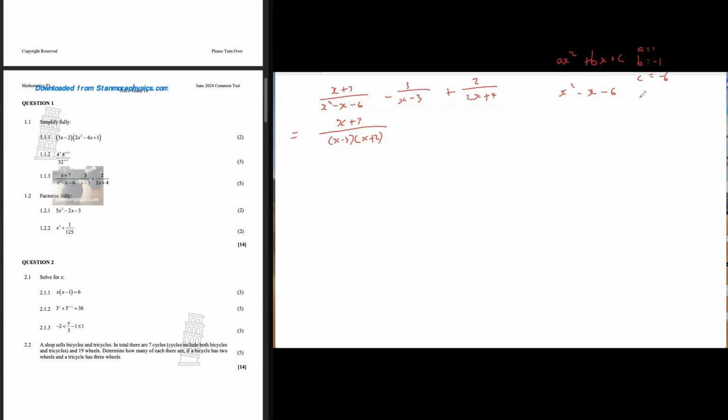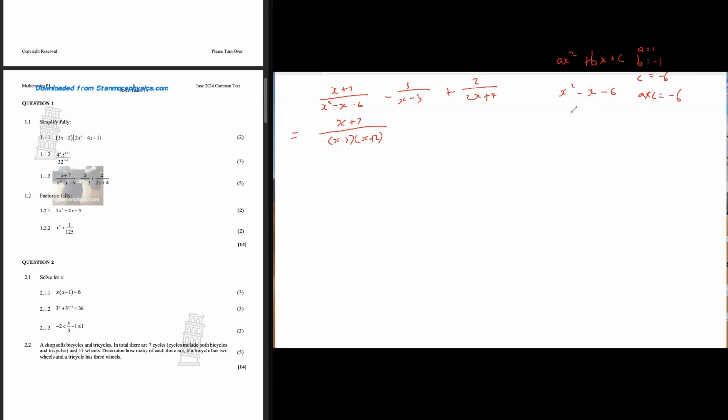So a times c, the product of a and c, in this case is 1 times -6. So it's going to be -6. And then we're going to find the factors of -6 that add up to -1.